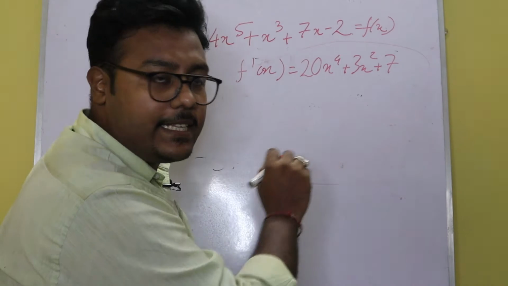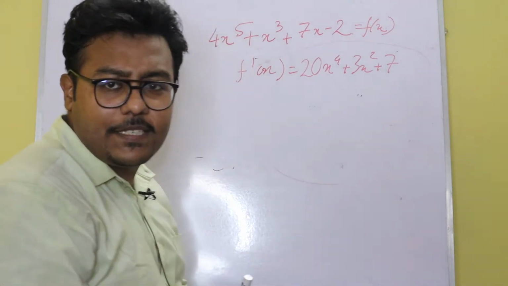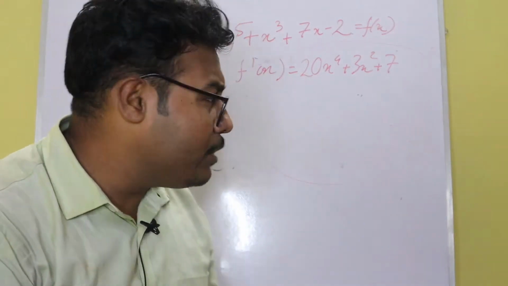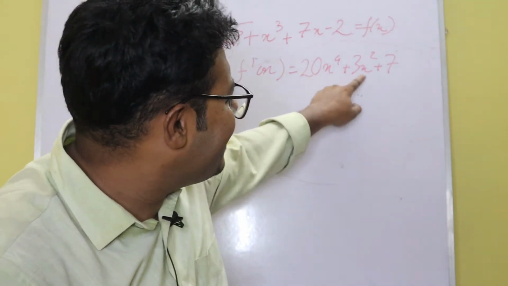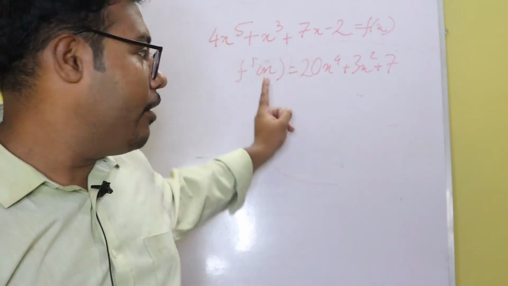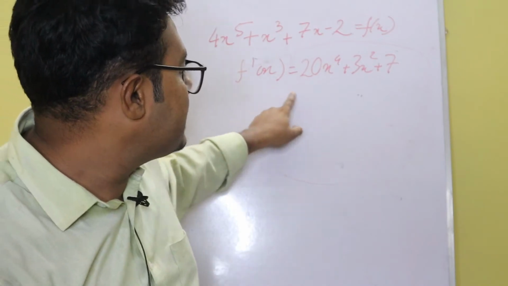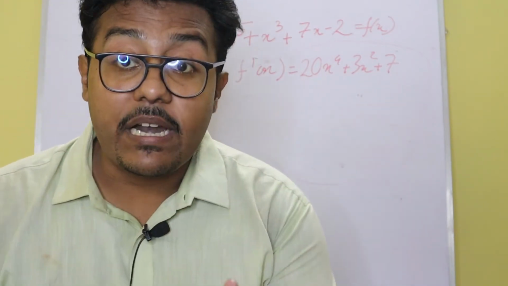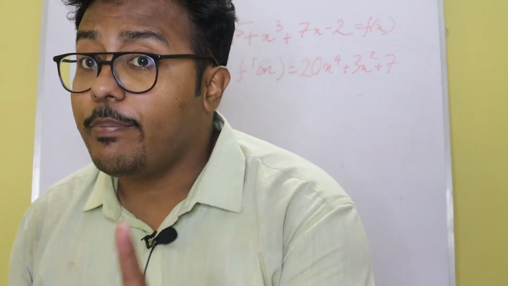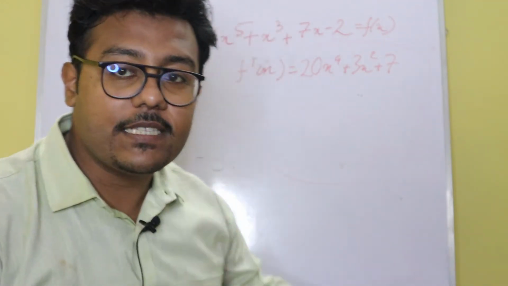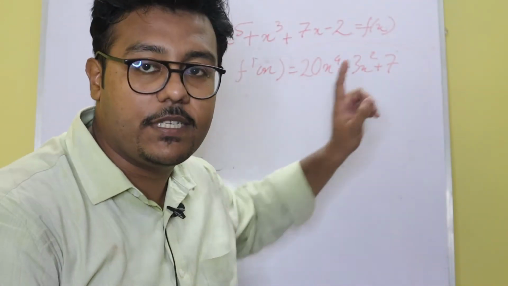Now friends, try to put any real value of x at which this f dash of x will be 0. Remember, put any real value, not complex, at which this f dash of x will be equal to 0.